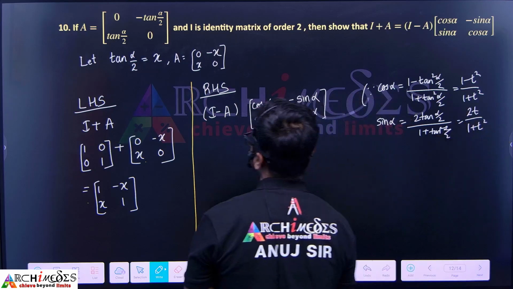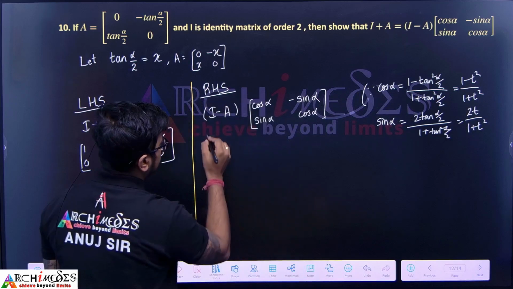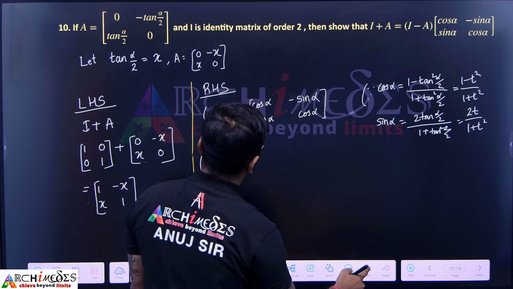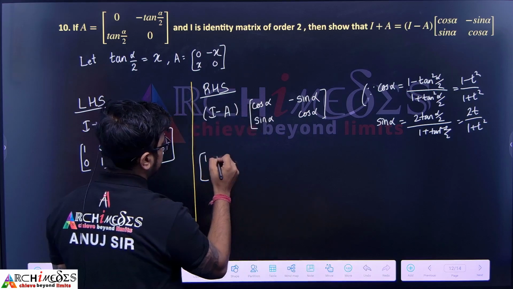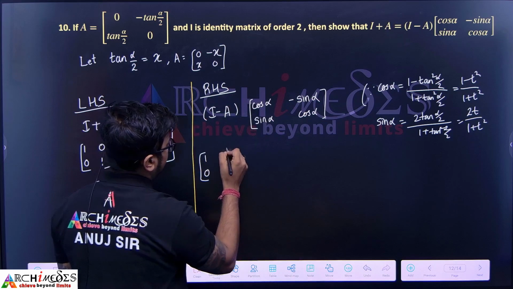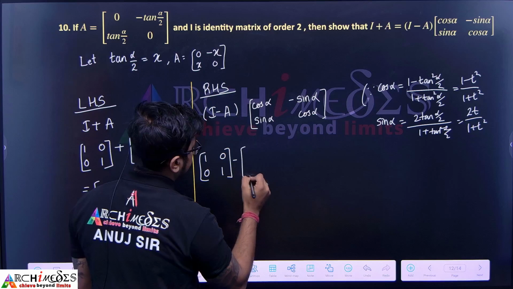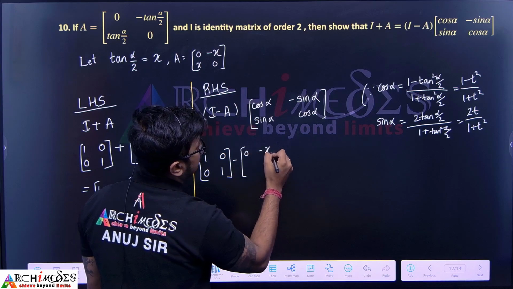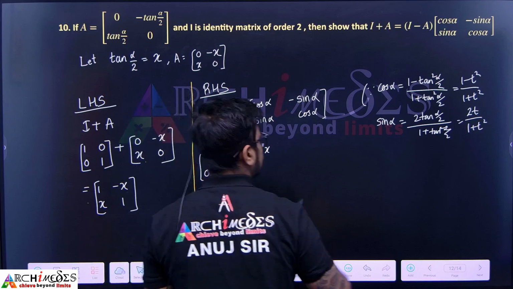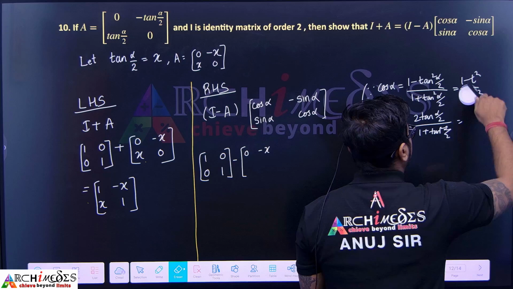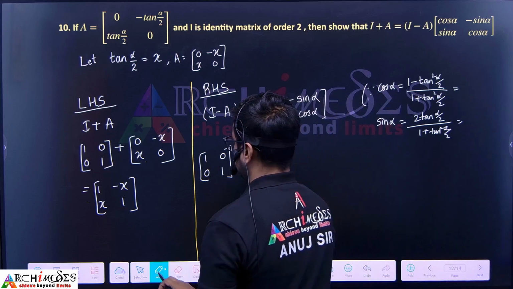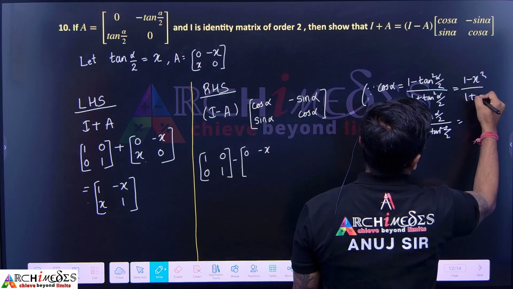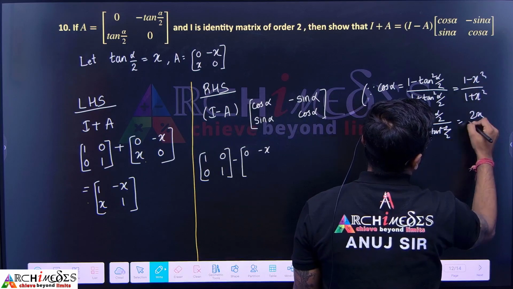Clear? So I here is 1, 0, 0, 1. What is your A? A is 0 minus x, x, 1. Sorry, since I have assumed x, not t. So the entries are 1 minus x square over 1 plus x square, and 2x over 1 plus x square.